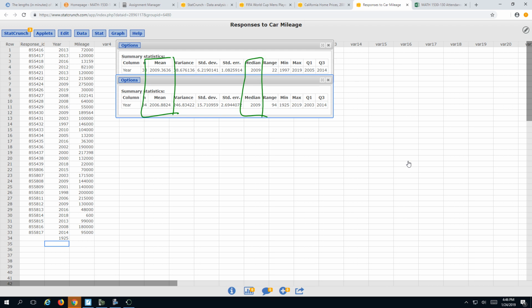But for something like qualitative data, let's say that I polled all of you and I got the state or country that you were born in, and I took that data in. I can't average all those up, right? I can't find the average birthplace, right? That doesn't make sense.